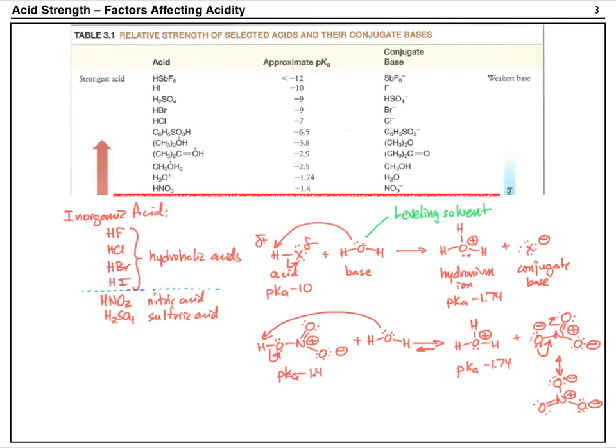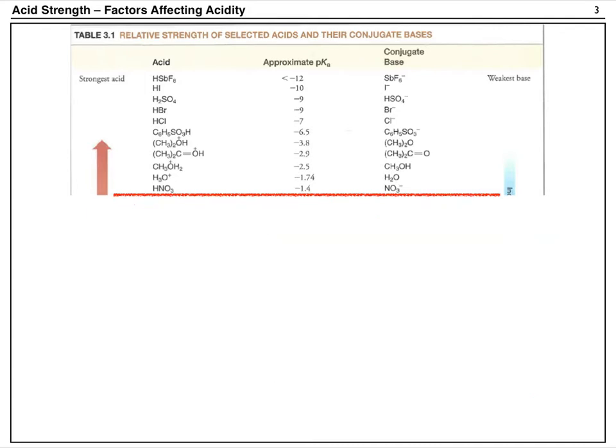Why don't you repeat that same exercise with sulfuric acid to show all the possible resonance structures, to practice that with the arrow pushing and to understand why sulfuric acid is a strong acid as well.